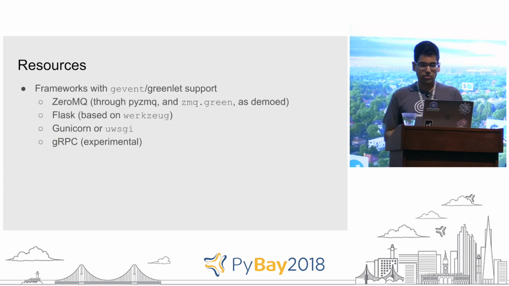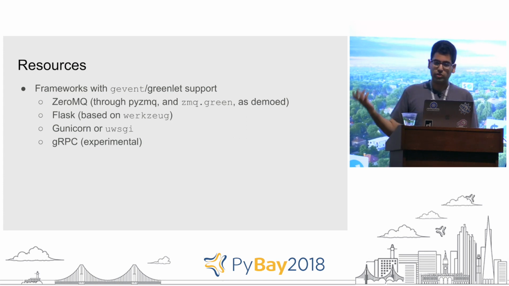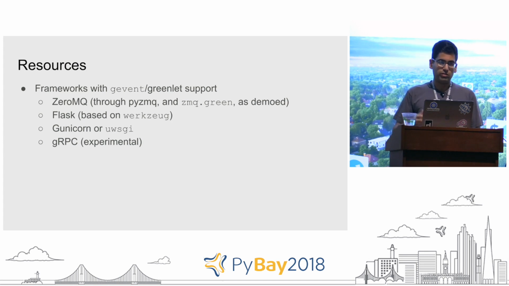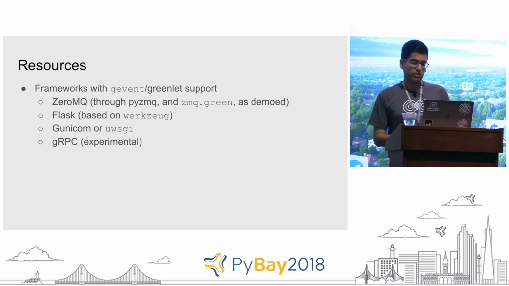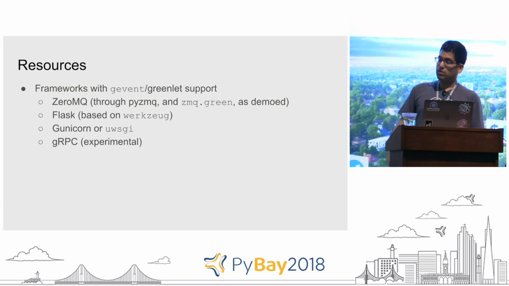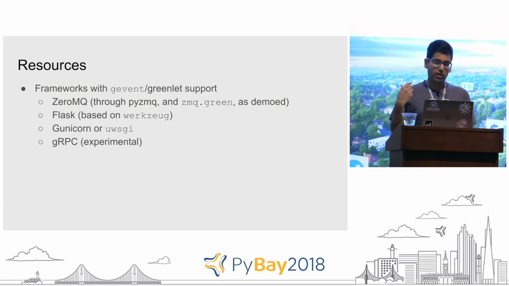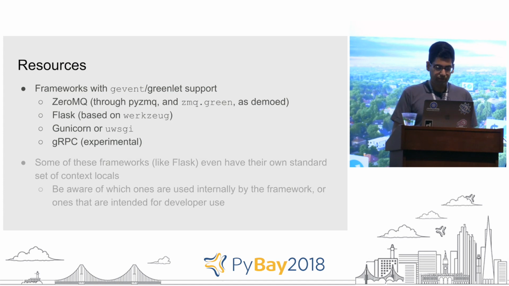There are several frameworks that have built-in gevent support. We showed off zmq.green. The Flask library has gevent support built in because it's built off of Werkzeug. Some application servers, the uWSGI server in particular, support automatically doing that monkey patch call that we showed off in the early example. And even something as new as the gRPC framework has experimental gevent support.